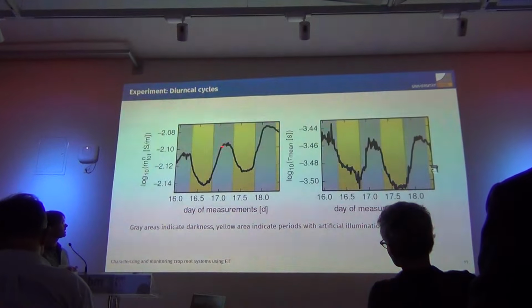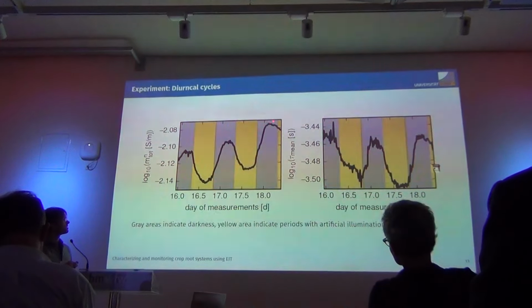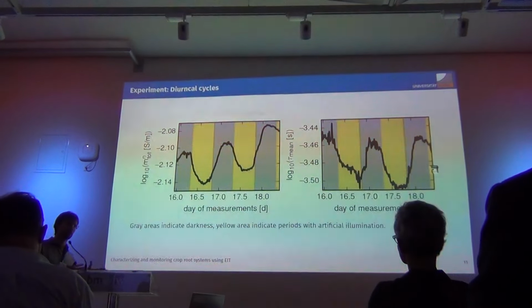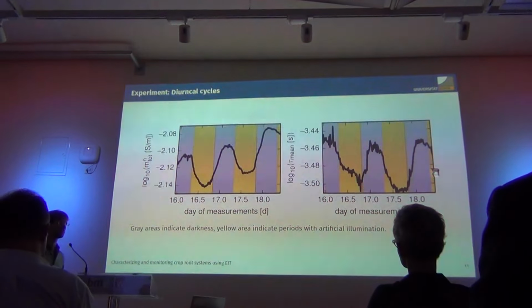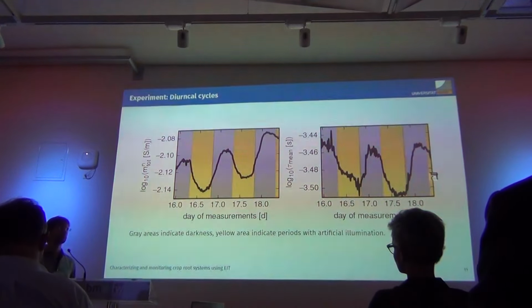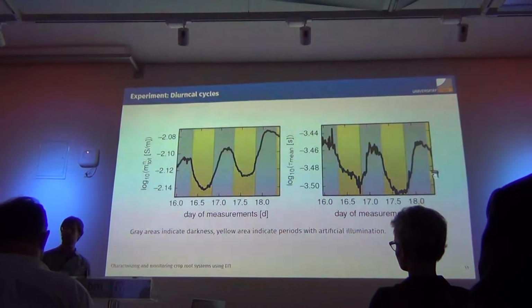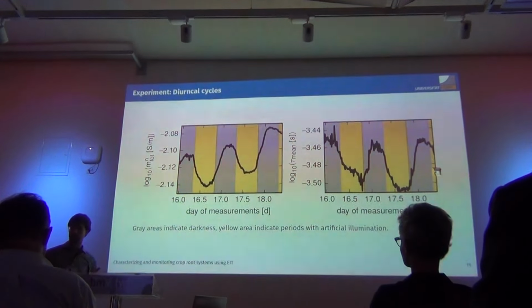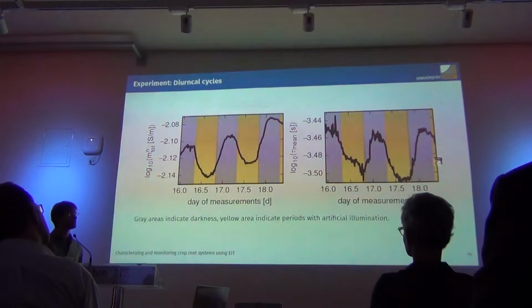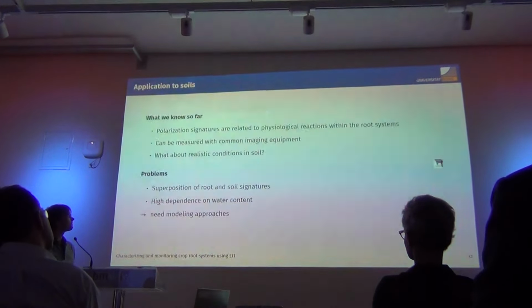We even see slight shifts in these curves compared to the onset of another period, which could also indicate that we are seeing these memory effects that are known to be present in root systems in terms of nutrient storage or photosynthesis. So, yeah, that's basically the state where we are at the moment.